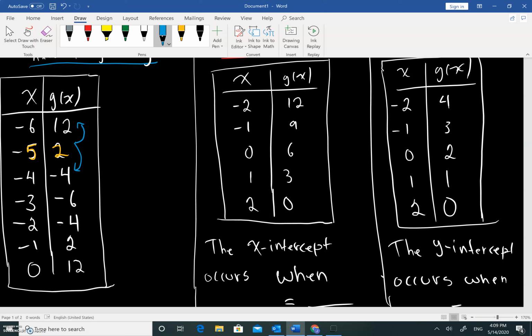In other words, is 12 equal to -4? No, it is not. So that means that -5, 2 is not my axis of symmetry. So try to look and find where I can pick that point such that when I go one up and I go one down, I get the same number.